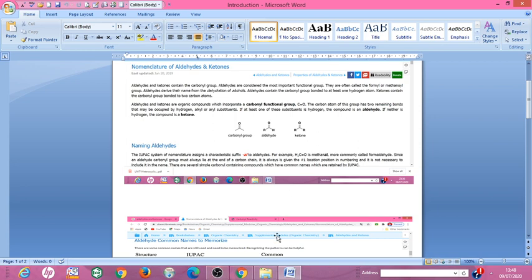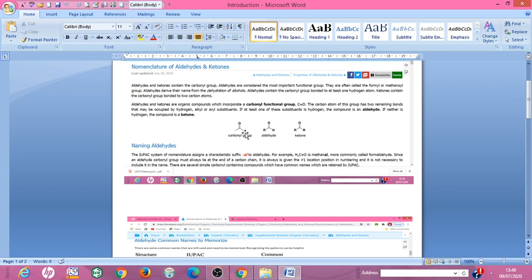In short, we will discuss the structure and reactivity of carbonyl group. The structure of carbonyl group is C double bond O. Both atoms, the carbon and the oxygen, are sp2 hybridized, hence it gives trigonal planar geometry.